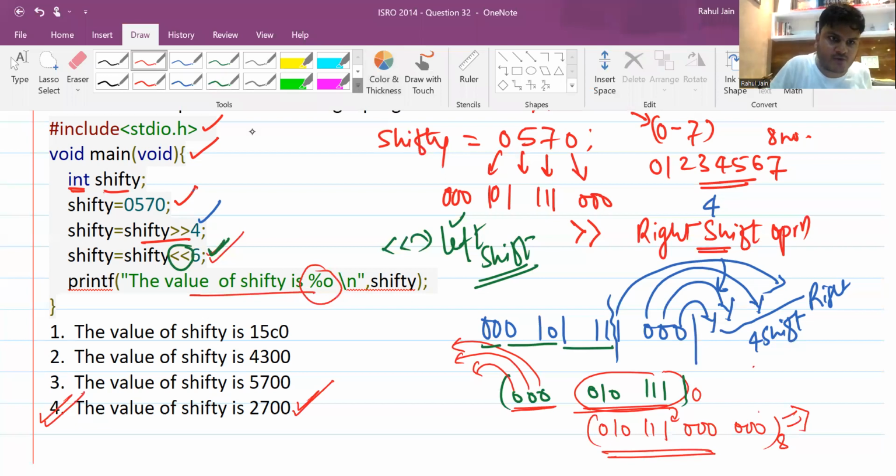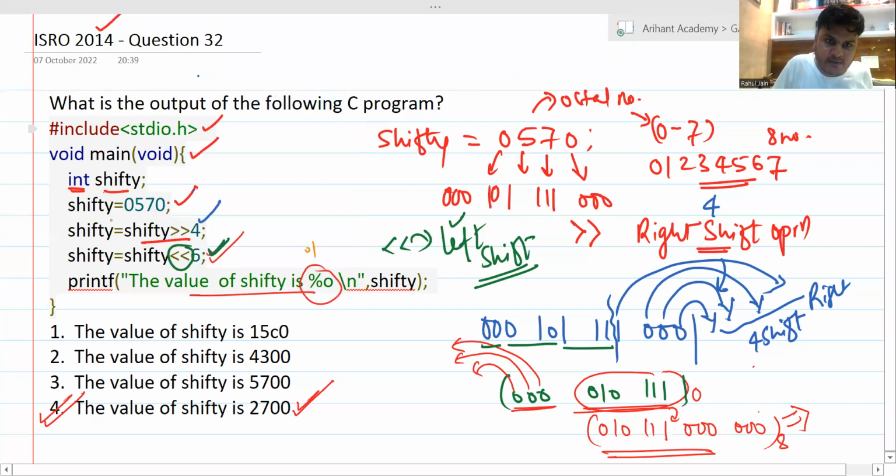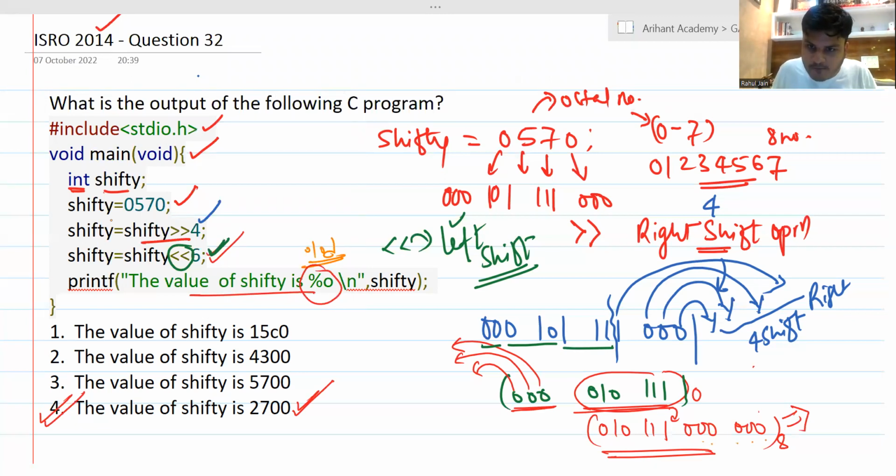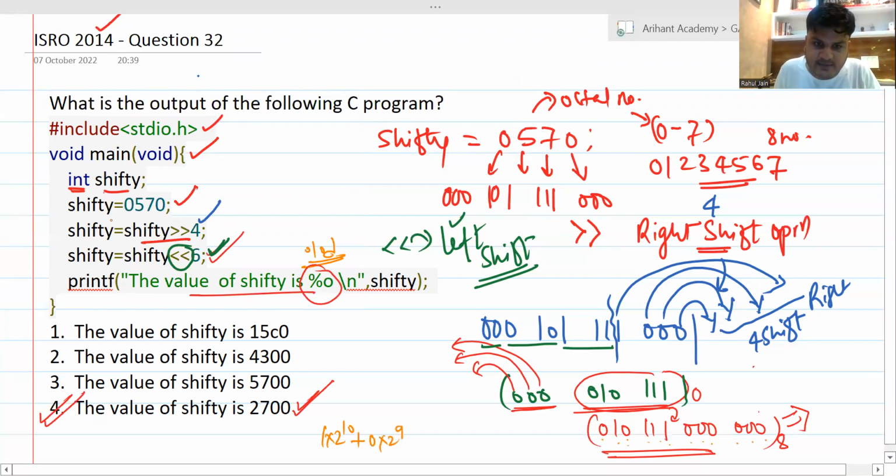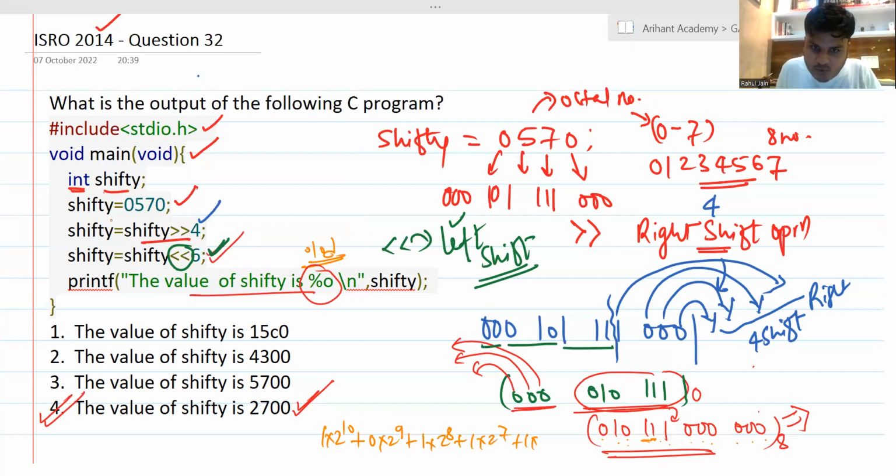Now let me give you some more scenarios. Suppose you have %d, how do you calculate it? Positions 0, 1, 2, 3, 4, 5, 6, 7, 8, 9, 10. So 1 into 2 to the power 10, plus we can eliminate this 0, because we would multiply this 0 with 2 to the power 9, which makes no difference. Plus 1 into 2 to the power 8, plus 1 into 2 to the power 7, plus 1 into 2 to the power 6.